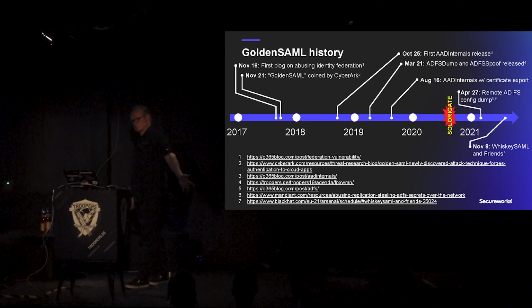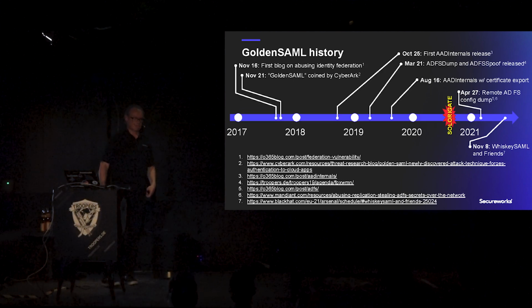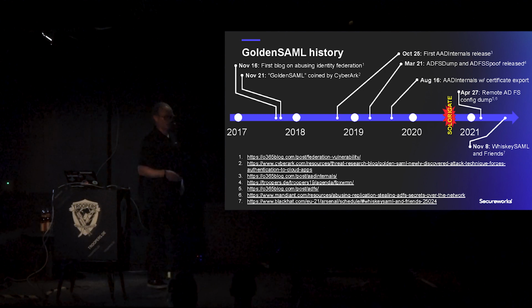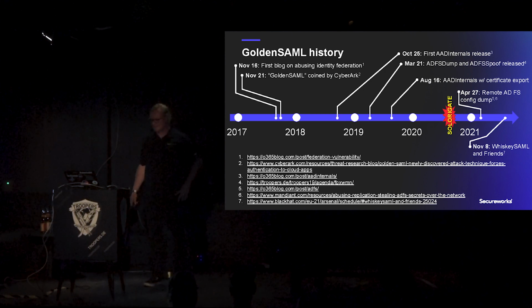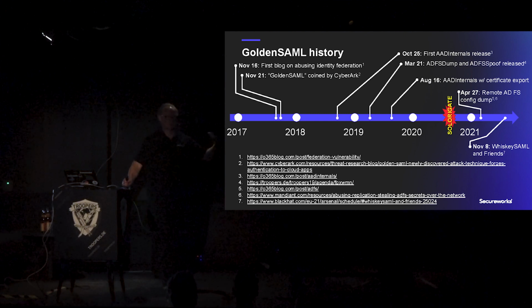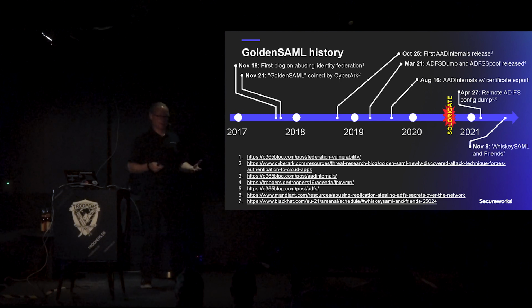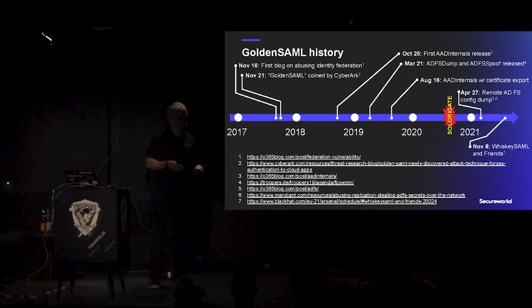And let's talk about the history of golden SAML attacks. So everything started, at least as far as I know, on November 16, 2018, when I wrote a blog about making a backdoor to Azure AD. If you are a domain admin, you could register a federated domain and say, use this certificate.